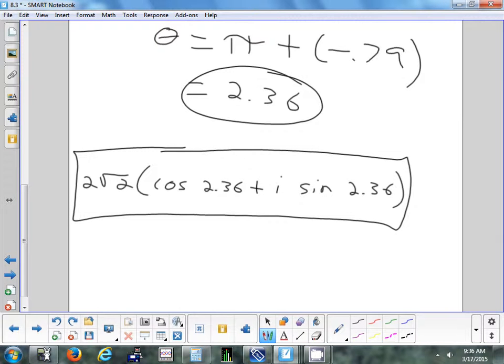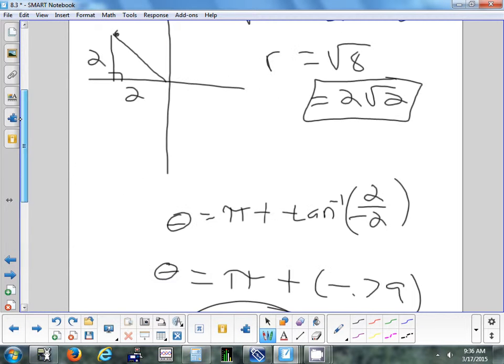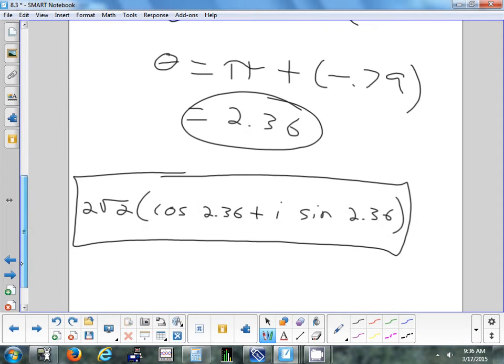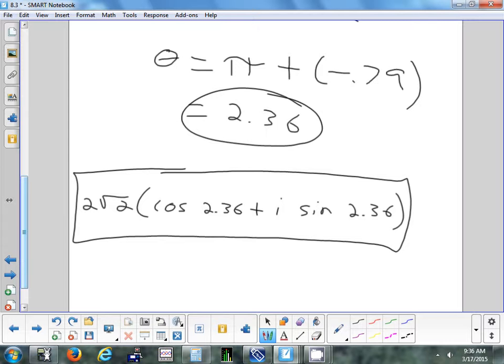You don't do that out. If you distributed the 2 root 2 to each part, took the cosine of 2.36, took the sine of 2.36, it would change this answer exactly back to what we started with. So we're not going to change it back. You leave your final answer just like that.